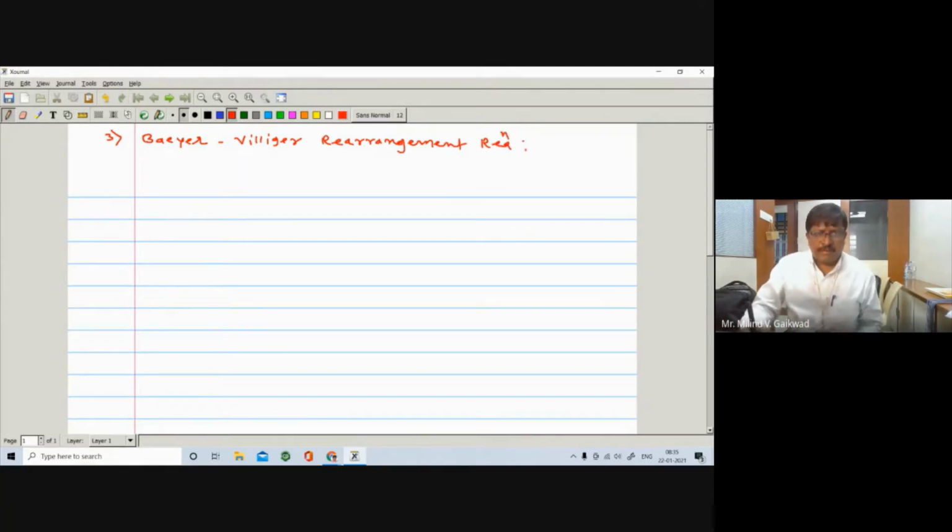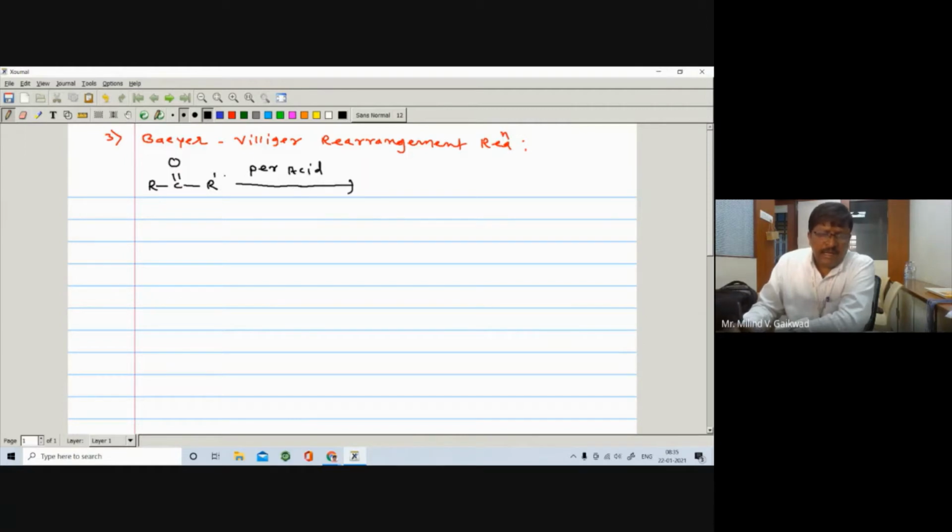So what is this reaction? In this reaction, what happened? The starting compound is a carbonyl compound, that is R-C double bond O-R. R may be the same, may be different. The reaction takes place in the presence of a per acid. We'll see what is meant by per acid.